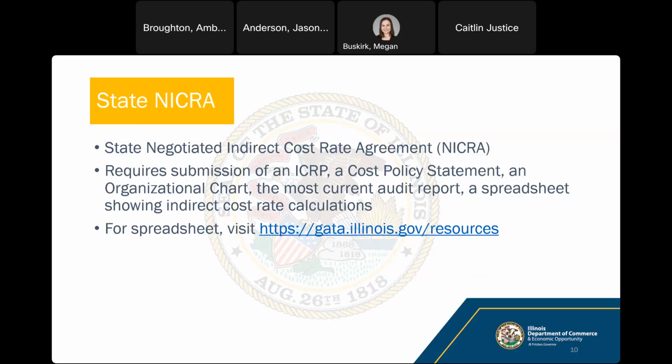Specific indirect cost restrictions can be located in the Notice of Funding Opportunity, or NOFO, for each award. A state of Illinois NICRA can only be used for state awards and will not be accepted by federal agencies for use on direct federal awards.